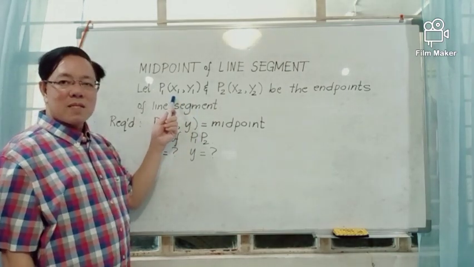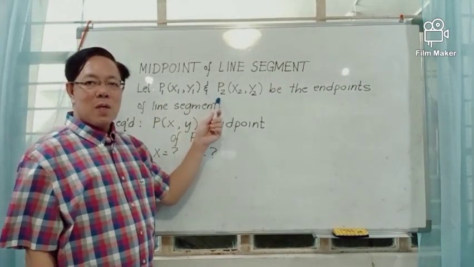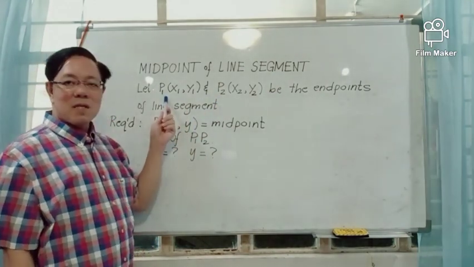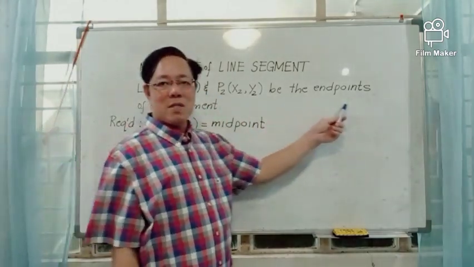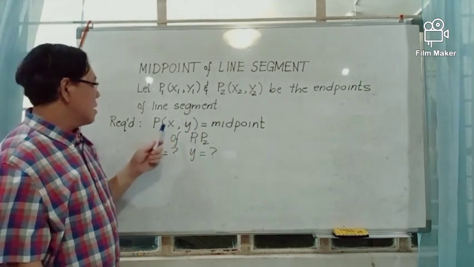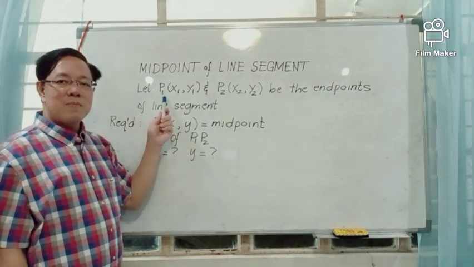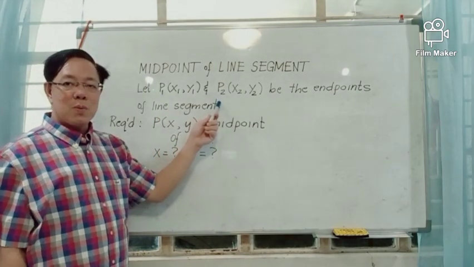We do not know exactly the coordinates of the points P1 and P2, but we know that these points P1 and P2 are the endpoints of the line segment. And we will find the point halfway between the points P1 and P2.